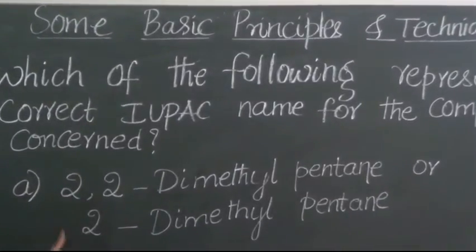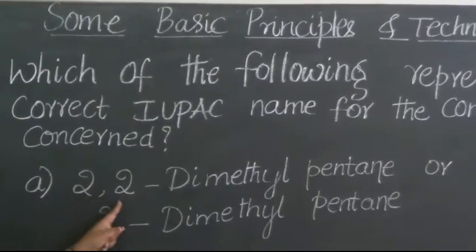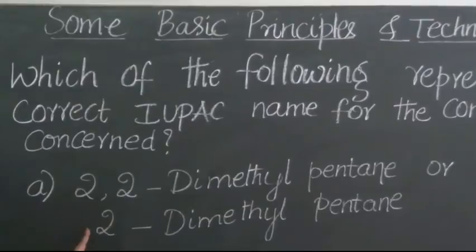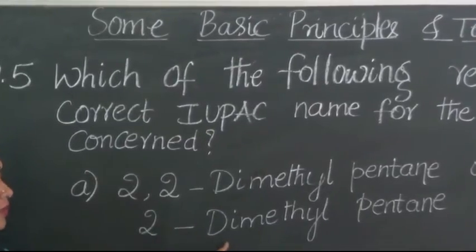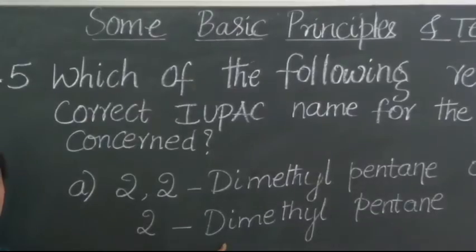A. The question is: is 2,2 dimethyl pentane the correct IUPAC name, or is 2-dimethyl pentane the correct name? Now here, 2,2 dimethyl or simply only one locant as 2 and then writing the prefix as dimethyl, which is correct?